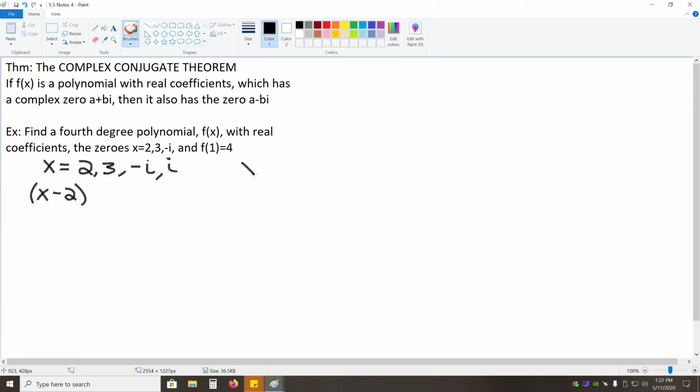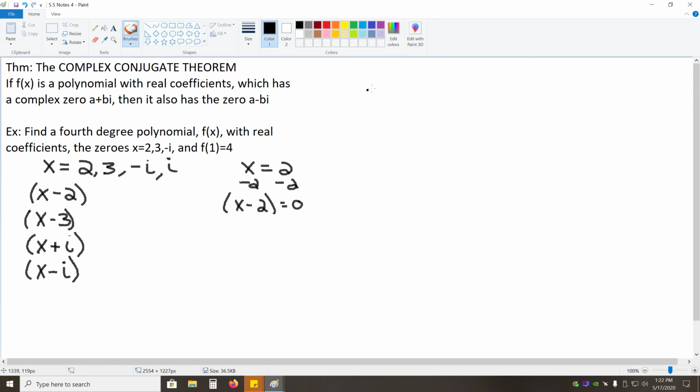Another way to go about that is since x equals 2, if we subtract 2 from each side, then x minus 2 equals 0. That means it's a factor. So we have x minus 2, x minus 3, x plus i, and x minus i.